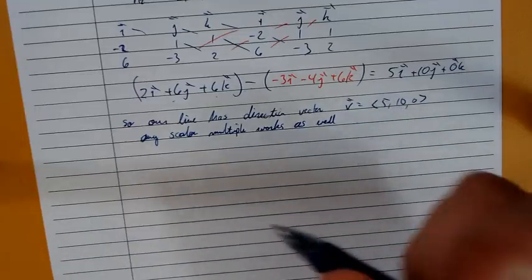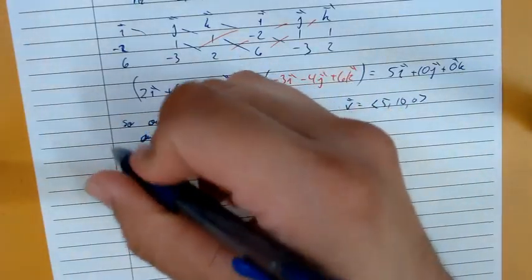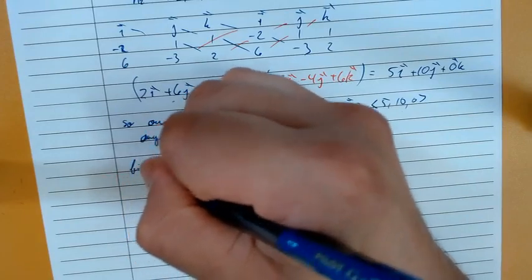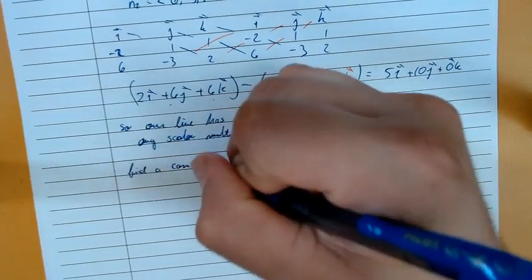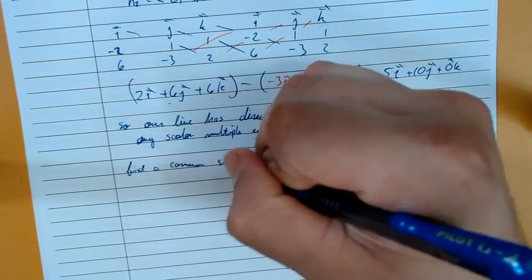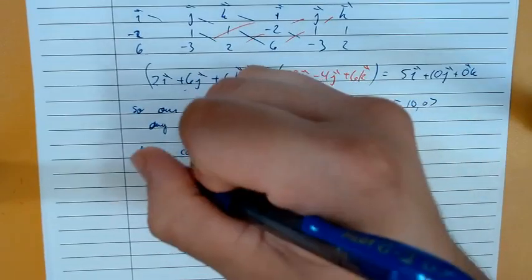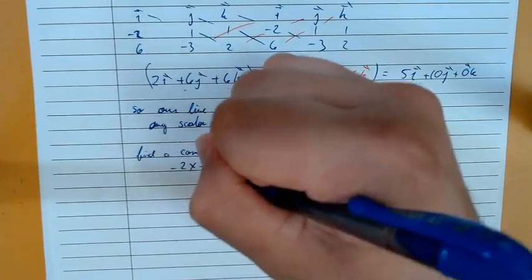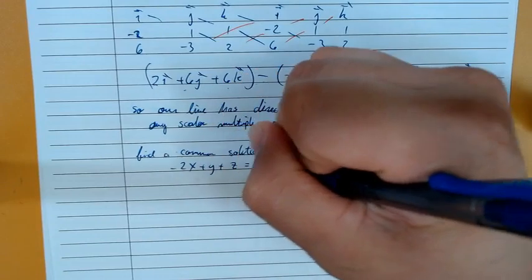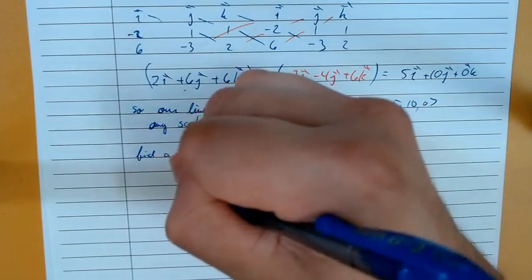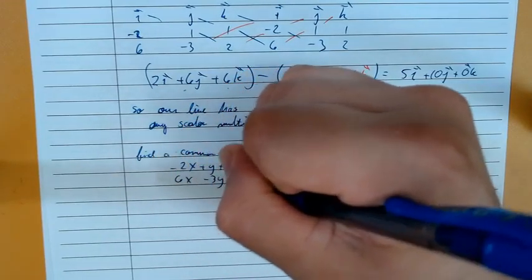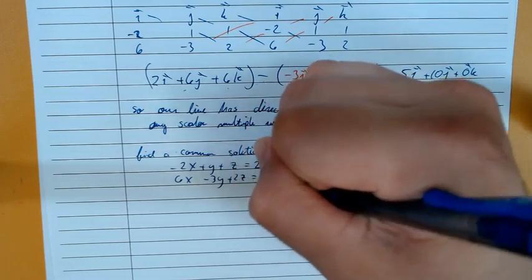So here I'm going to go ahead and say, okay, let's go ahead and find a common solution to the two equations, negative 2x plus y plus z equals 2, and 6x minus 3y plus 2z equals 4.